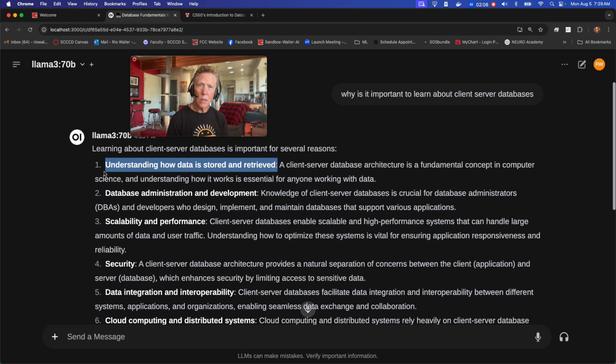It sounds like a simple thing, and in some ways it's fairly straightforward. It's really understanding how to write these SQL statements to achieve a specific goal. But this concept of client server databases goes way beyond this.